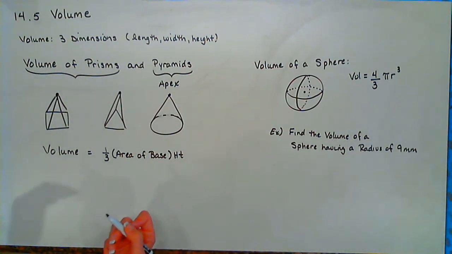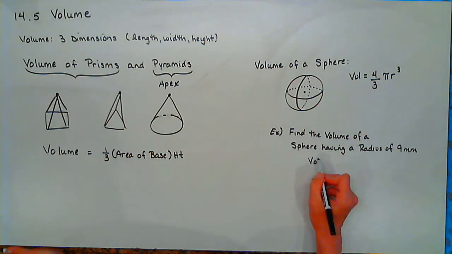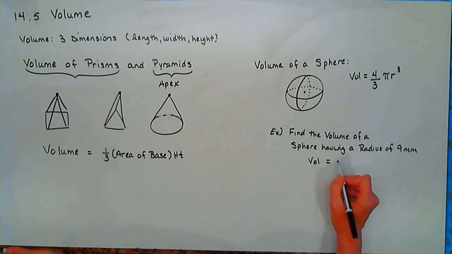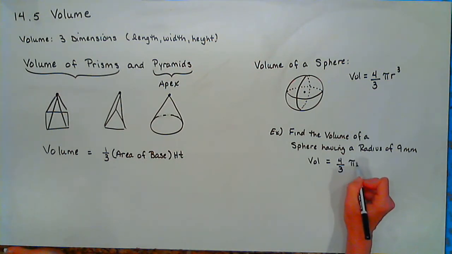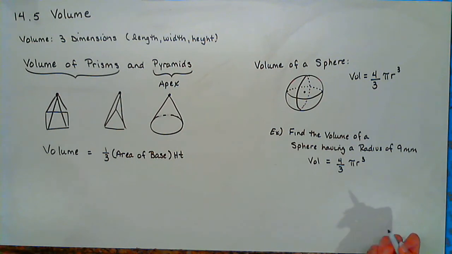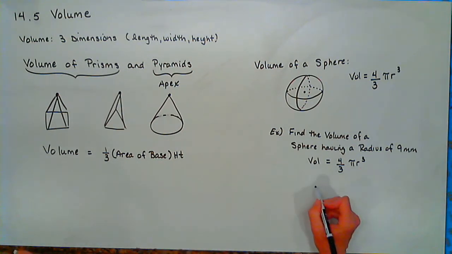So at this point, we pretty much are just showing how we've got that. Always start with your given, always start with what you know. Have them always start with what we know. 4/3 pi r cubed. Well, in this case, our only unknown is the radius, which we've been given.